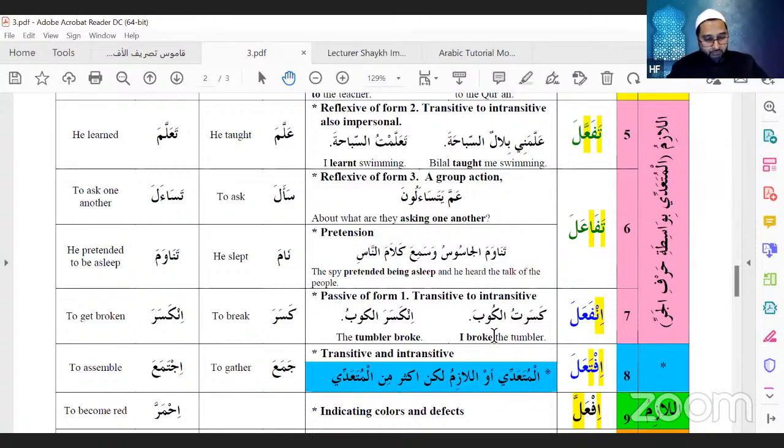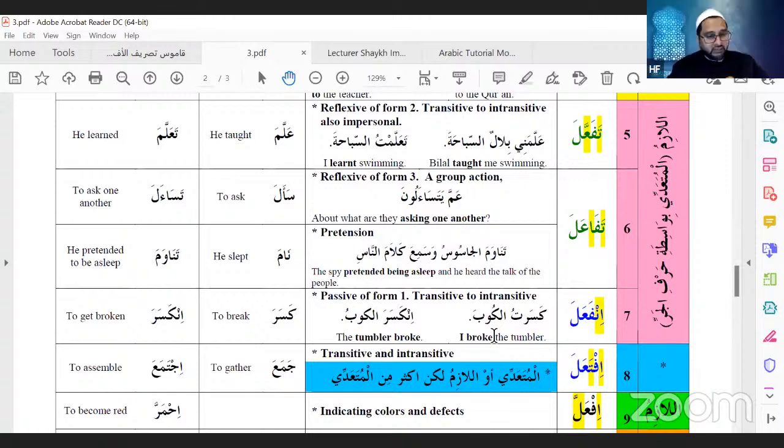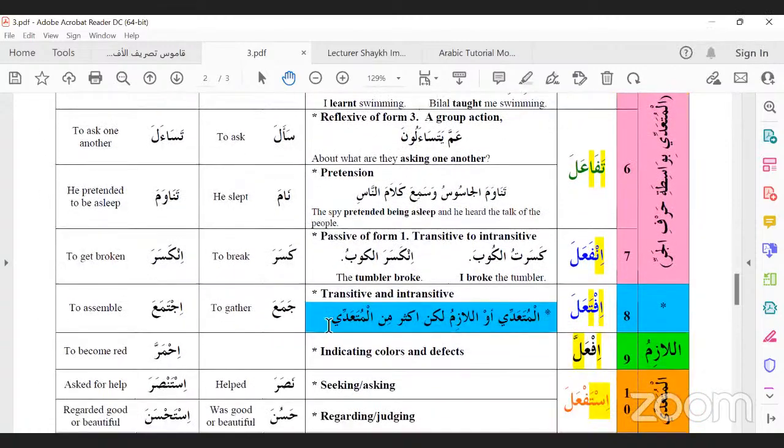I haven't got it with me. I'm a bit confused in this form. There's a handout which I had on my phone, with three or four examples on this. I need to send that from that book. I'll send that across to you in the group, with two or three other examples of kasara being passive. Okay, thank you. That's fine.